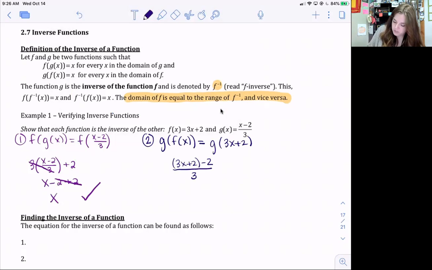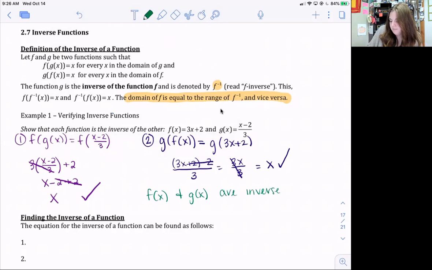So 2 minus 2 cancels, and we're left with 3x divided by 3. Well, our 3's cancel, and we're just left with x. So that checks. So now we can say f of x and g of x are inverses, or inverse functions.